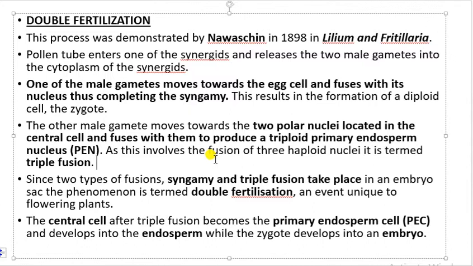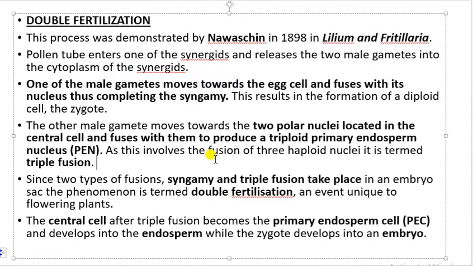Now the other male gamete, which has also been liberated into the cytoplasm of the synergid, will move towards the two polar nuclei located in the central cell, and it will fuse with them. As a result, it will produce a triploid primary endosperm nucleus, which is also known as PEN.